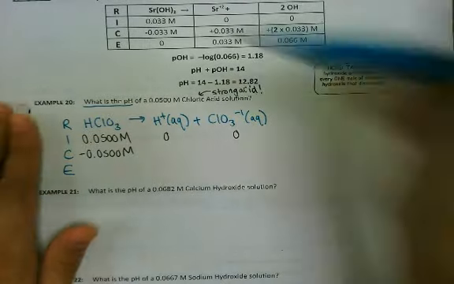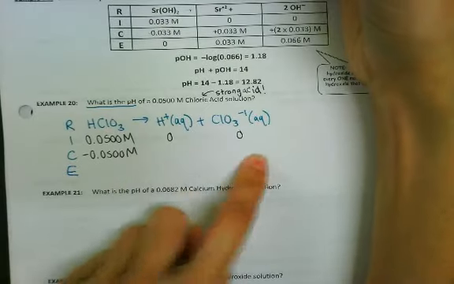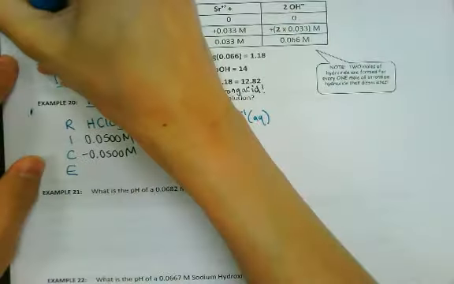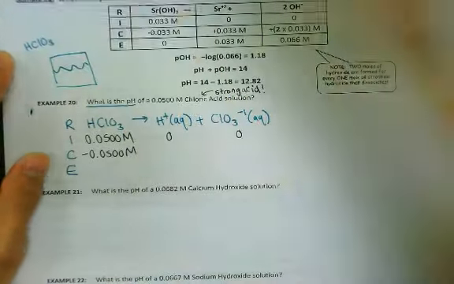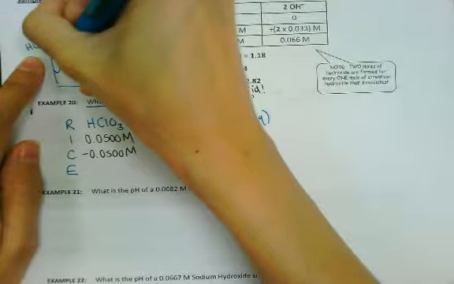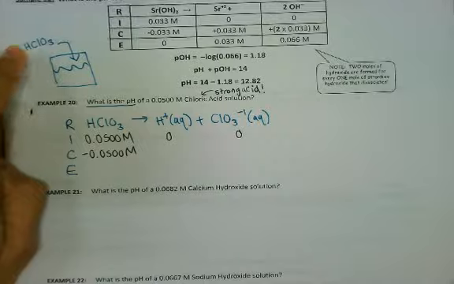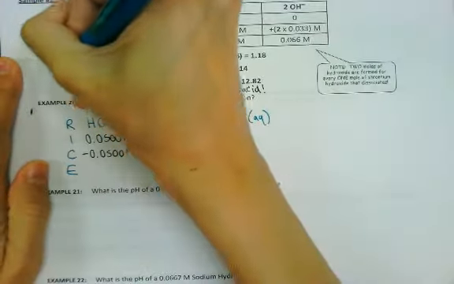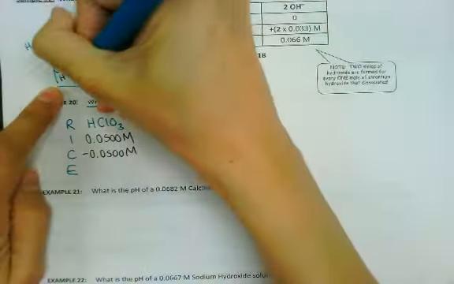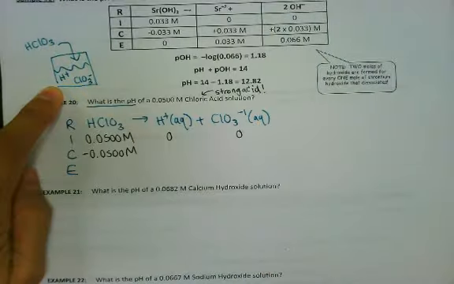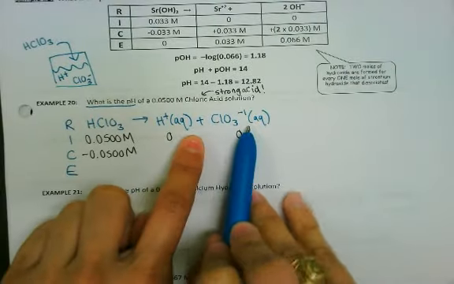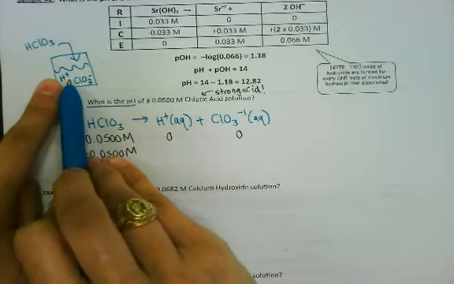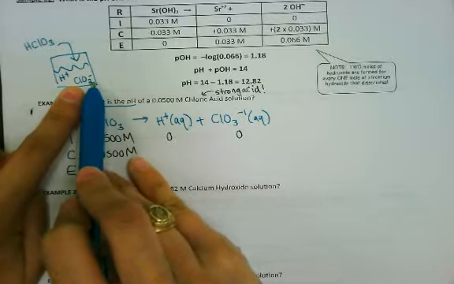If you think about this too, when we go right over here, what is happening is you're taking some HClO3, you're putting it into a solution. When you put this into a solution, you're going to form hydrogen ions and chlorate ions. That's what we wrote in our dissolving equation. For every one of these, we are going to form one hydrogen ion and one chlorate ion.